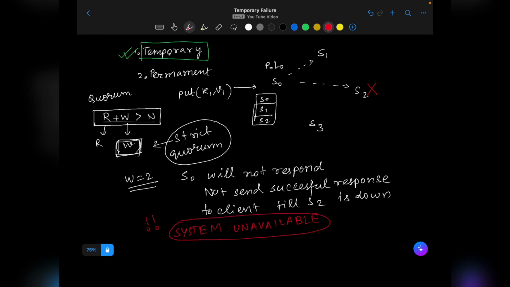Because we are following strict quorum, W is 2, so we need at least 2 responses for S0 to send a successful response to the client. But since S2 is down, we can't get one and thus the system is unavailable. To handle this scenario, instead of strict quorum, we use what is called sloppy quorum.